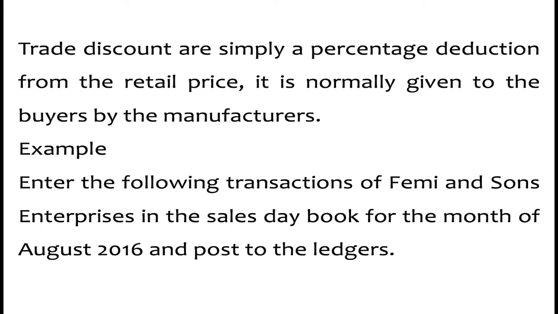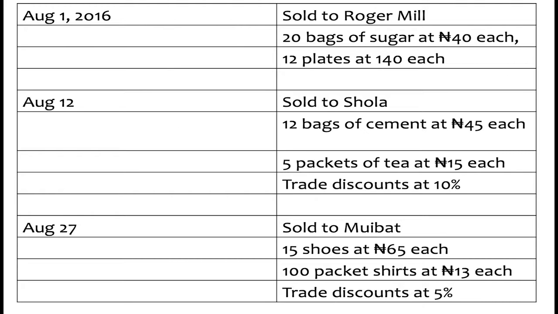enter the following transactions of Femi and Sons Enterprises in the sales day book for the month of August 2016 and post to the ledgers. August 1st, 2016, sold to Roger Mill 20 bags of sugar at 40 naira each, 12 plates at 140 naira each.